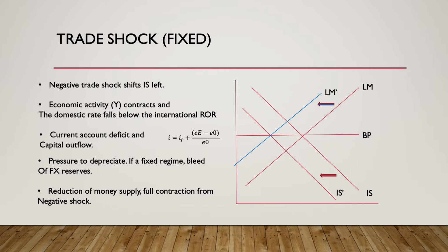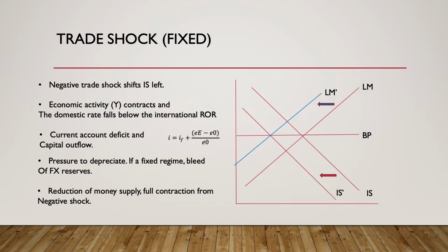The LM curve will shift back until capital flows stop, so the LM curve will shift back, rising interest rates and contracting the money supply until the domestic interest rate is again equal to the overall foreign rate of return. What you're seeing here is that monetary policy is accommodating all flows of capital in and out of the country. Essentially, they are exacerbating the nature of the capital outflow shock.